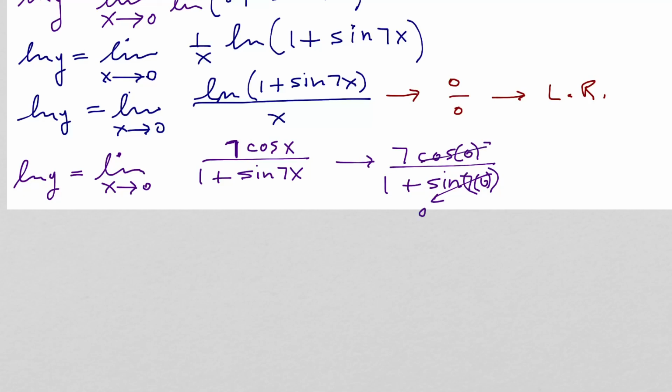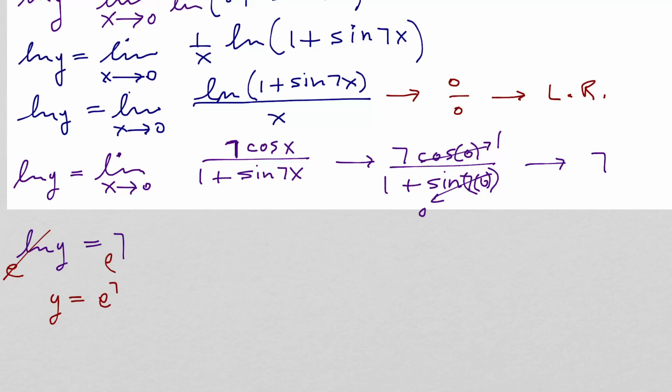This part is 1. So that means 7. All right, so I was able to evaluate the limit. So now I know that the natural log of y is equal to 7. All right, so I'm looking for y, so I have to say e. So y is equal to e to the 7th power.